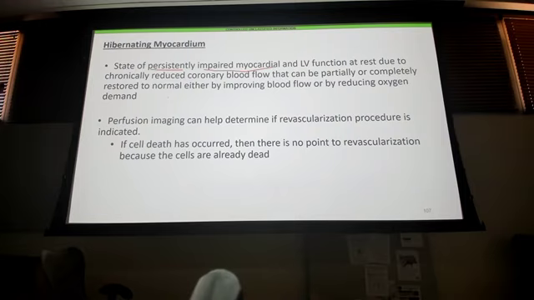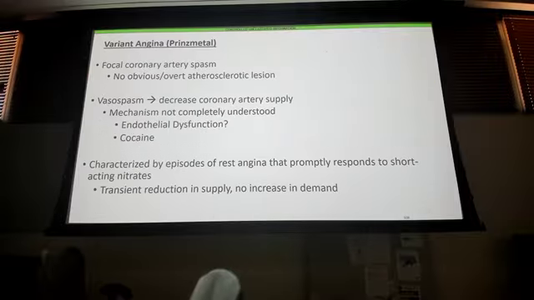But the amount of blood perfusing, the amount of oxygen, the amount of nutrients getting to those cells is enough to keep them alive at rest, but not enough to allow them to function. And when we do procedures to improve blood flow, these are the cells that we're specifically targeting in order to get them what they need to start functioning again and to restore cardiac function.